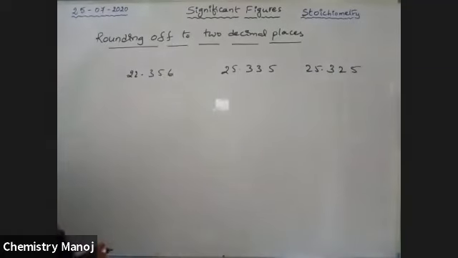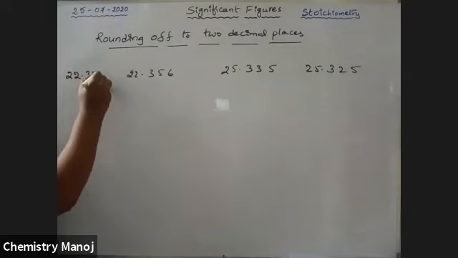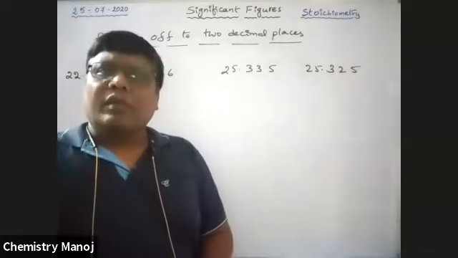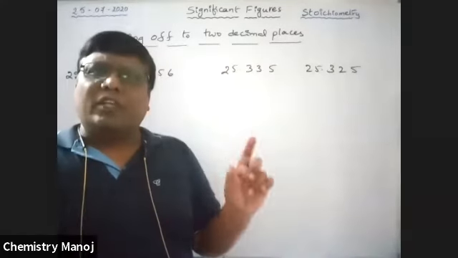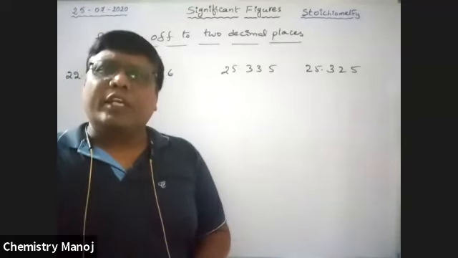I'm trying to round off these values to two decimal places.